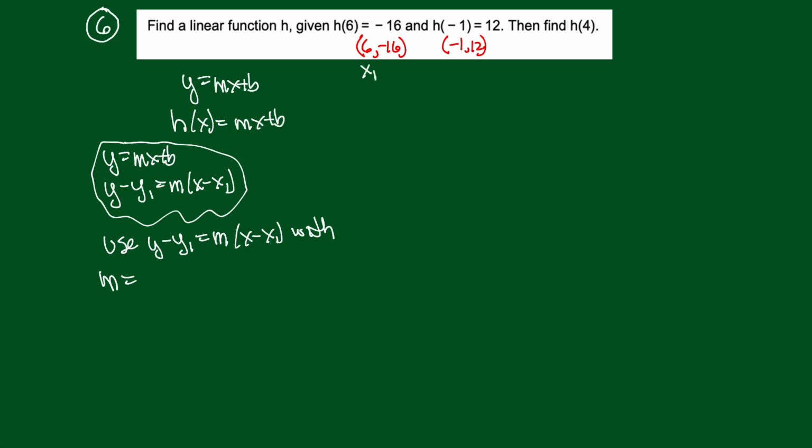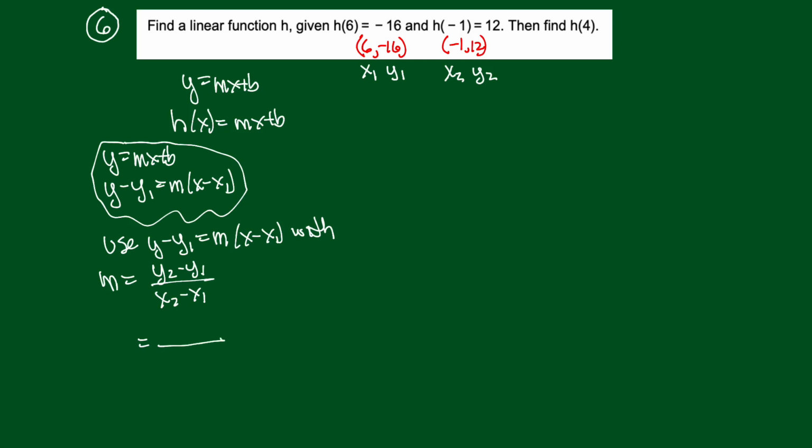So now I have this. This is the first x I see, that's the first y I see, this is the second x, this is the second y. So let's substitute these values into our slope formula, which is y2 minus y1 over x2 minus x1.